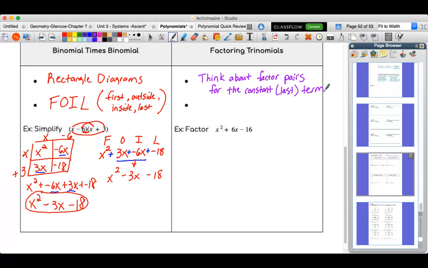So think about the factor pairs for the constant term. And then think about which factor pair adds or sums to the middle term, or the x term. Not the x squared term, but the x term.